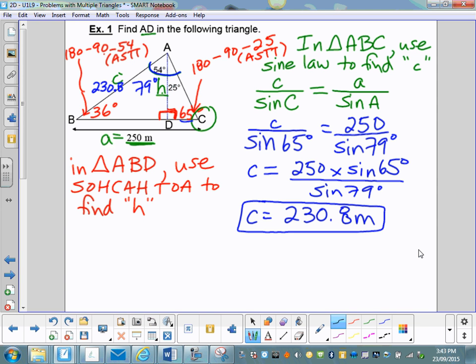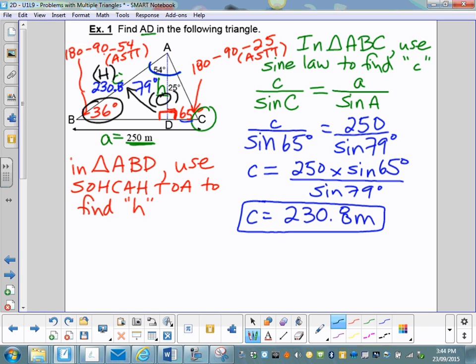If I'm going to use this angle B, which is 36, and label the two sides, this side over here that I'm trying to find is opposite, and the side that I just found, the 230.8, is the hypotenuse in the right angle triangle, because it is across from the right angle.